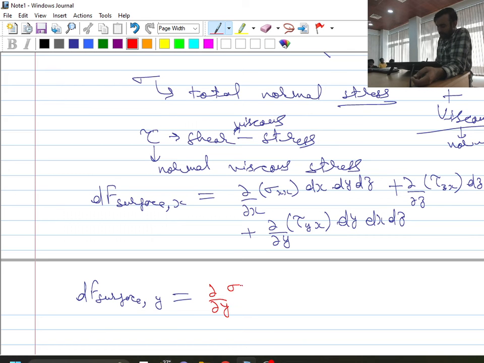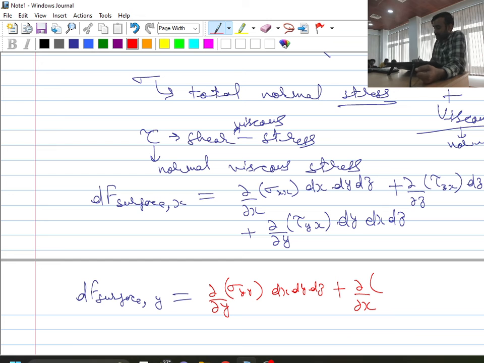Del by del y of sigma yy dx dy dz plus del by del x of tau, which will be on the x plane but in the y direction.